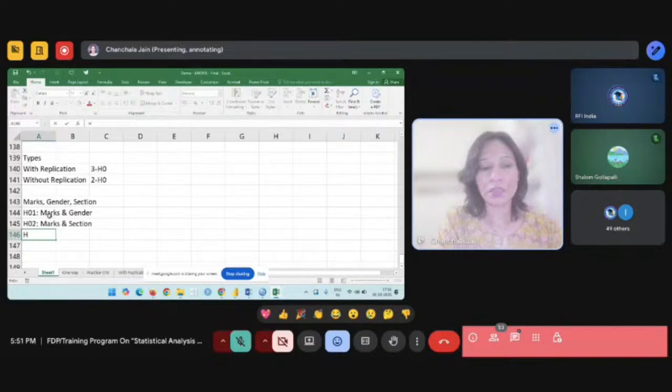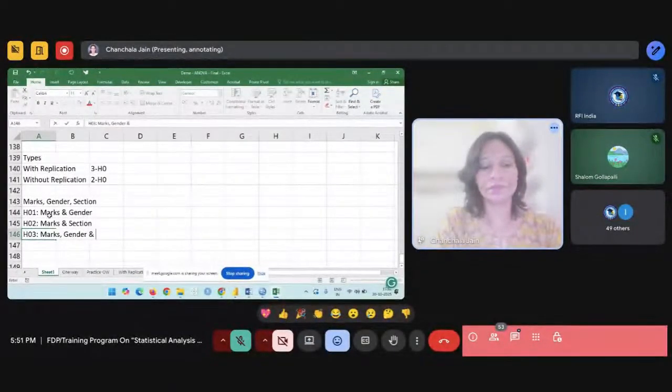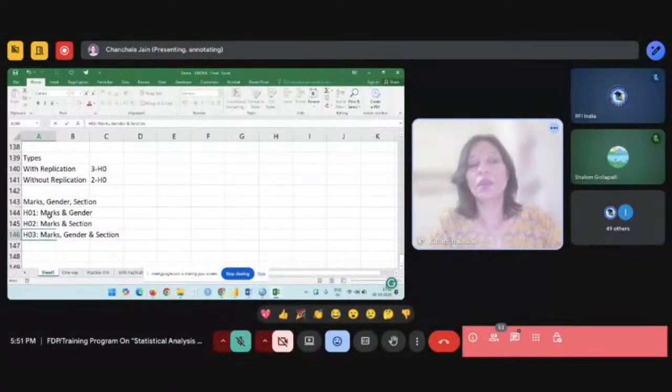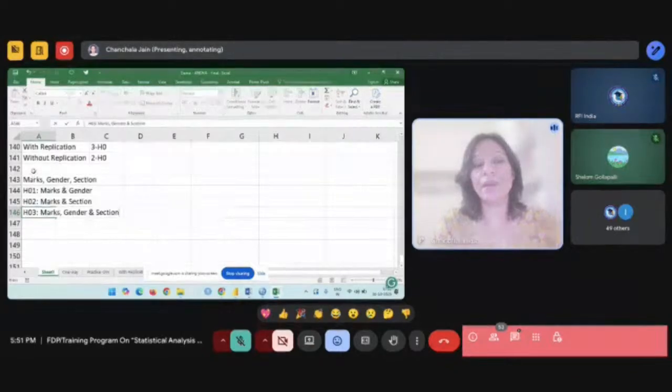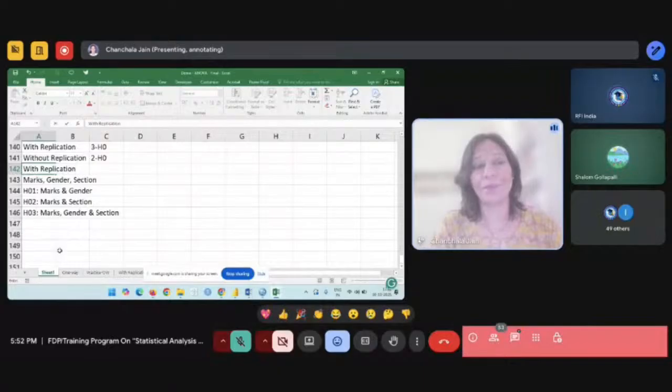My third null hypothesis will be based on marks, gender, and section. Is it clear? Sorry, this is the with replication case. I was correct previously. In with replication, you need to formulate a total of 3 null hypotheses.